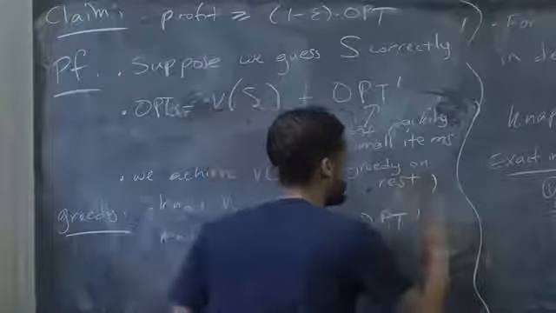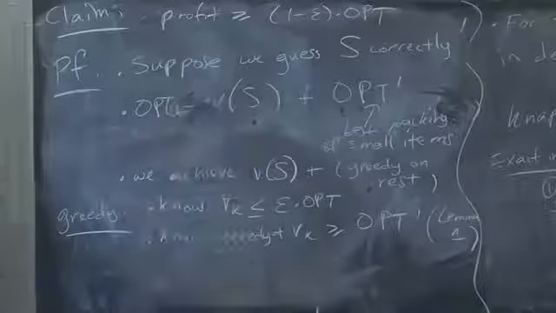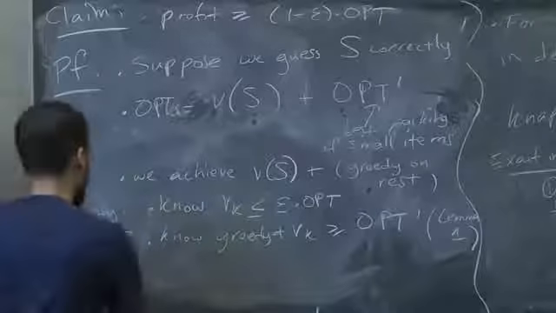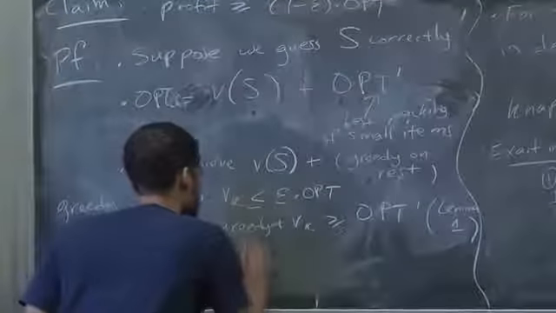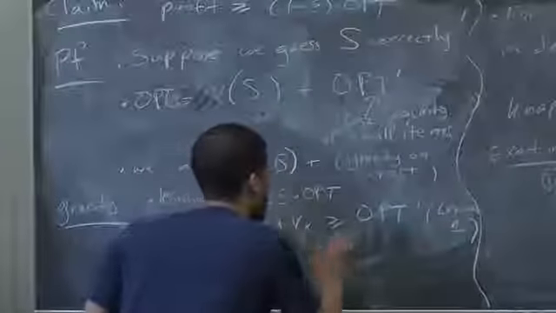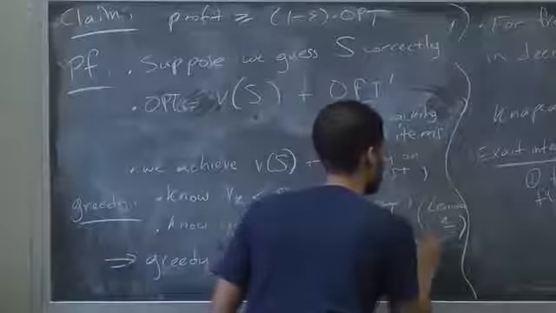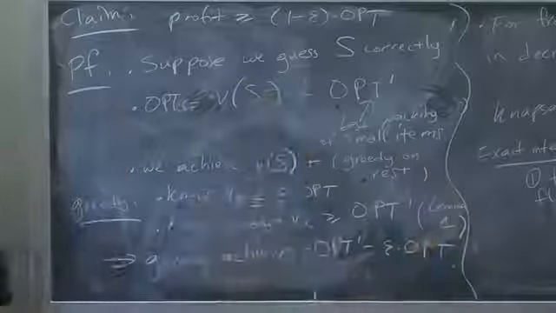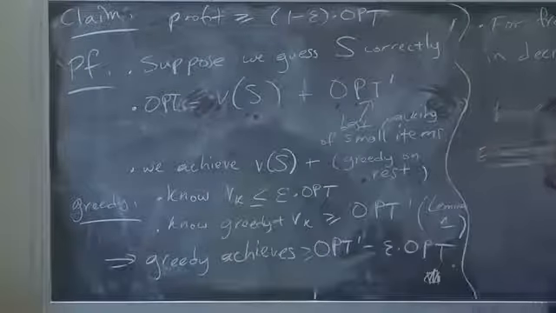That's lemma 1. Which implies that greedy achieves at least opt prime minus epsilon times opt. So that's it.